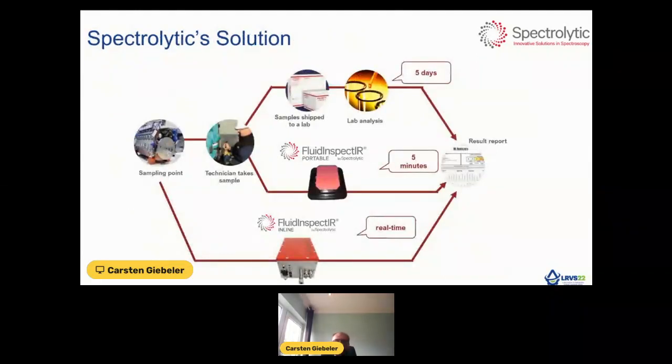This slide really summarizes what Spectrolytic is all about. We are trying to streamline and optimize the oil analysis process. The conventional way is you have a sample point, that could be an engine, a steelwork, whatever it might be.